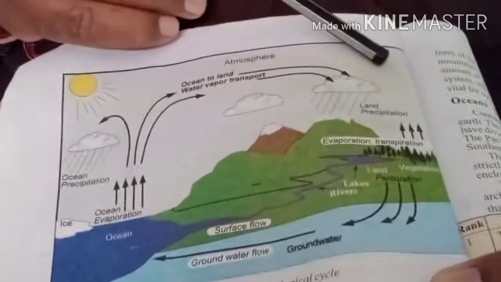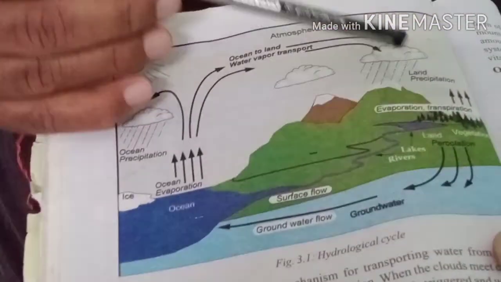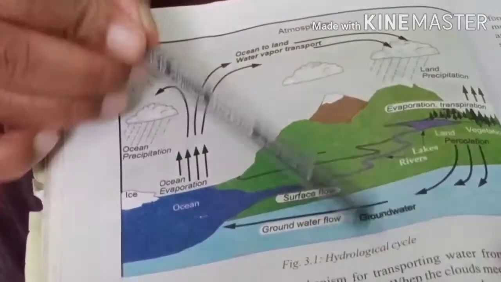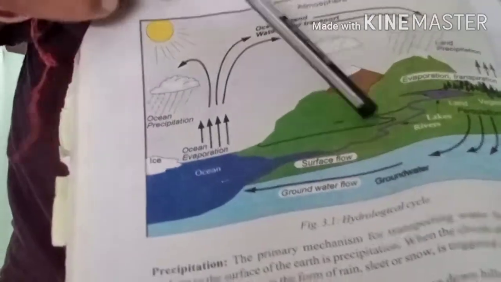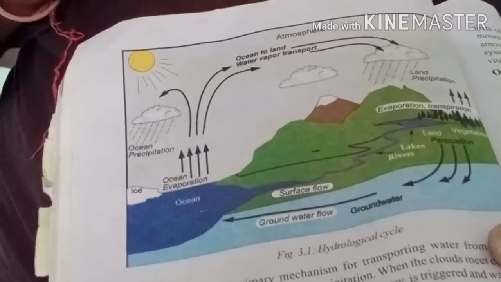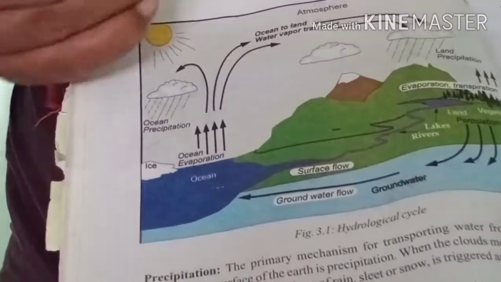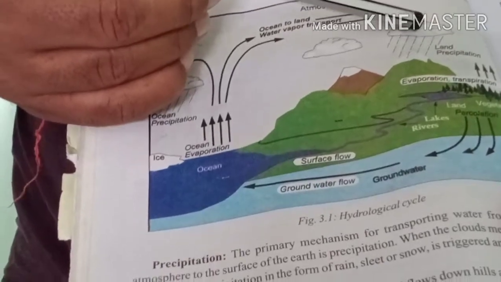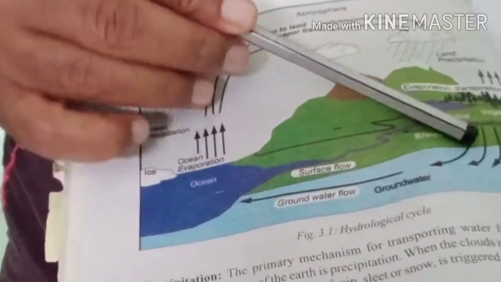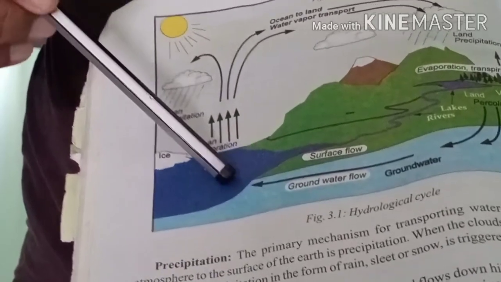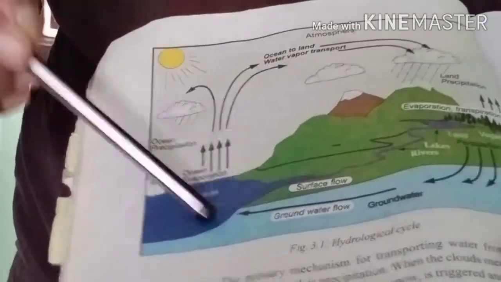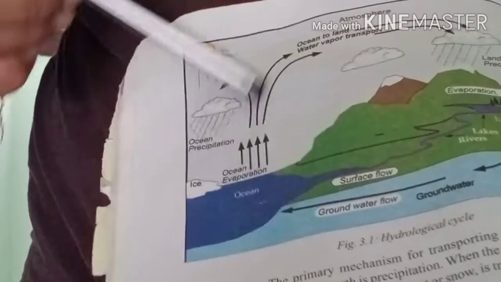When the atmosphere cools, the water from the atmosphere goes to Earth's surface. Earth's surface means land and ocean. Again, the water from Earth's surface goes to the atmosphere. That is called the outflow process.